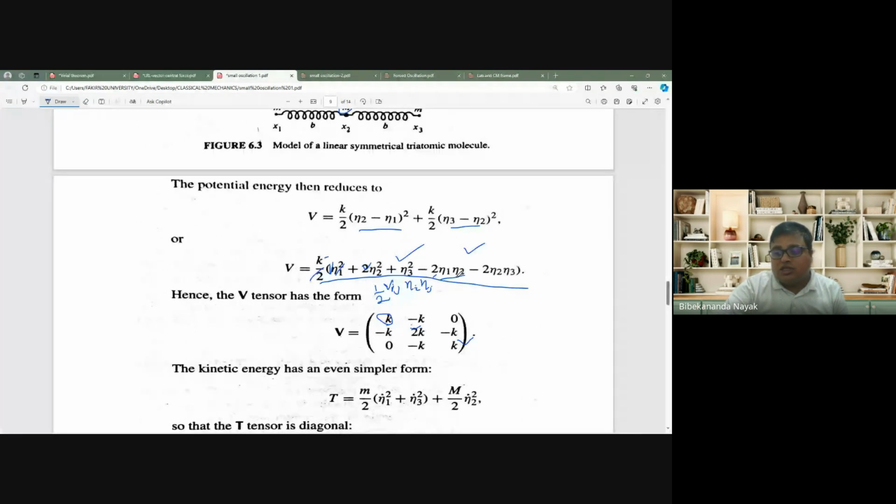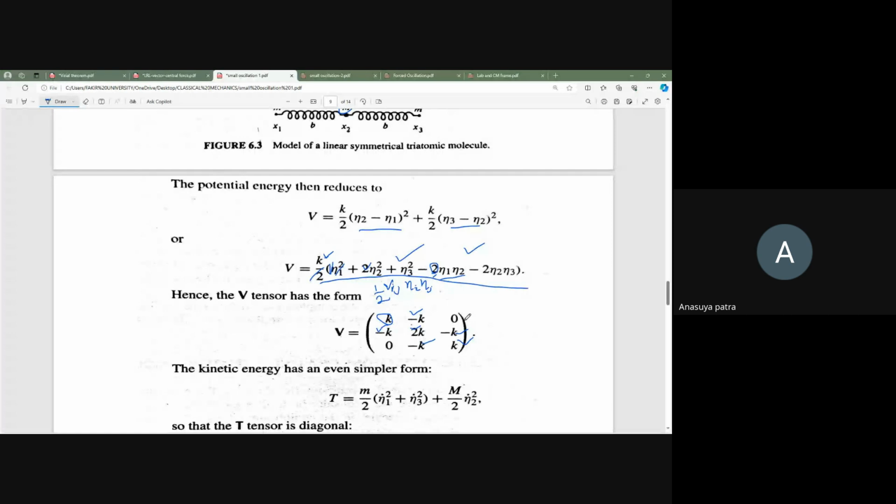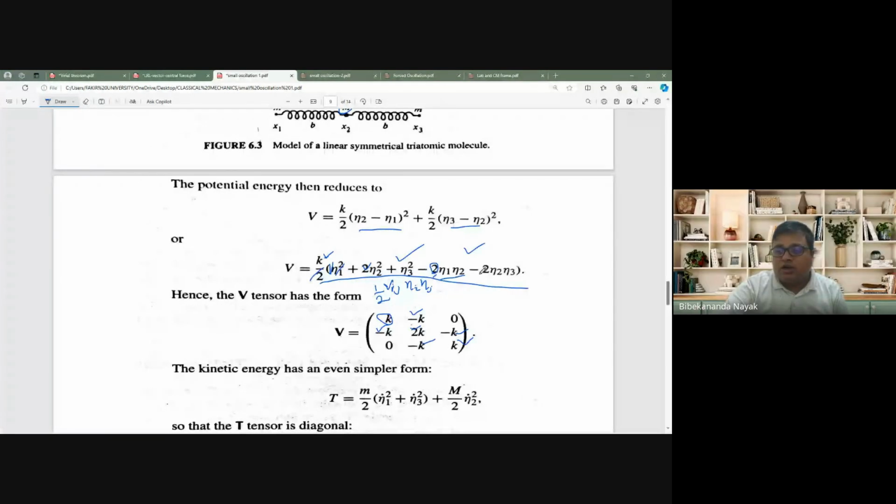Here the coefficient is minus 2k, so we give minus k to 1 2 and minus k to 2 1. Similarly, here the coefficient is minus 2k, so we get minus k to 2 3 and minus k to 3 2. But there is no eta 1 eta 3 term, so the 1 3 and 3 1 components are 0. Clear? Yes, sir.